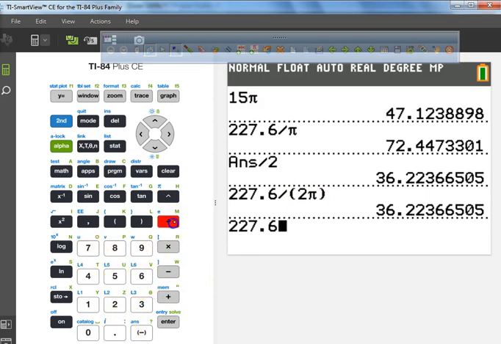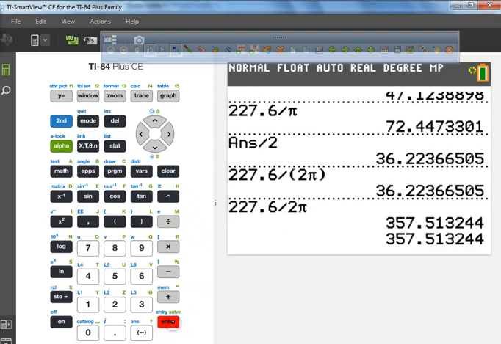Some of you will learn this lesson. Some of you will not. Watch what happens when I do this. Because the calculator knows order of operation even if you don't. This is 227.6 divided by 2 times pi.